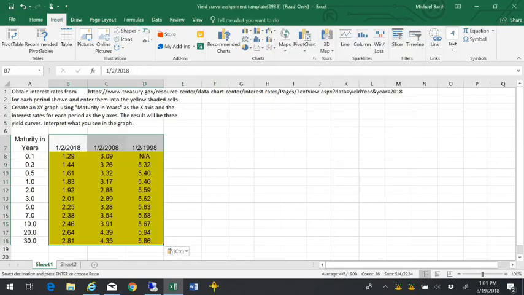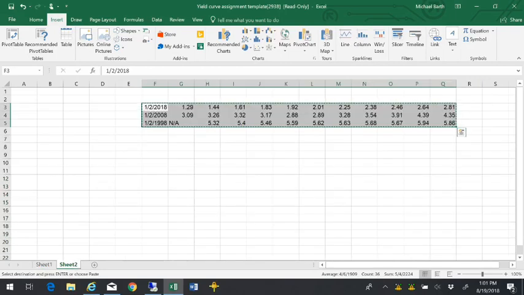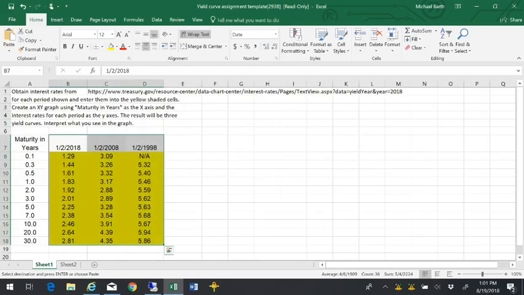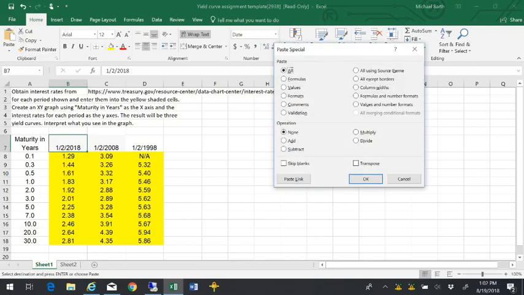I did that by doing Control C, or if you want to use the stuff up here, just hit the copy button, cover all the data, hit copy, and then into the template, go up into the upper left hand corner where I want my data in there, paste special, the values, and then ask it to transpose.